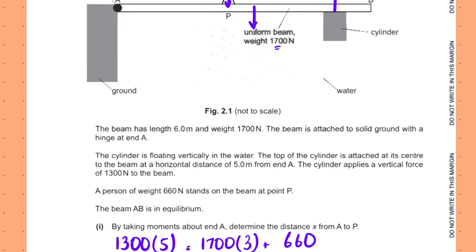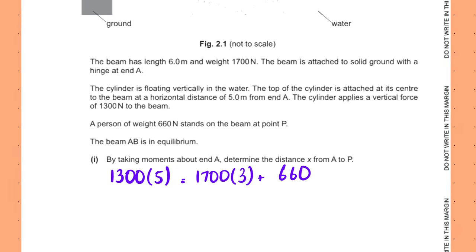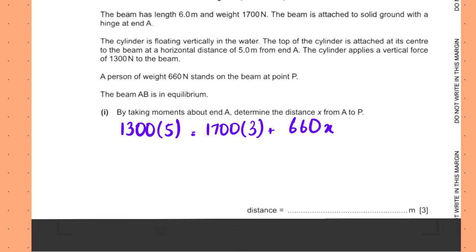So plus 660 x. And from here, you just rearrange and find out what you need to. So 1300 times 5 minus 1700 times 3 divided by 660. So x turns out to be 2.12. So 2.1 or 2.12 both work. And that's your answer for this one.